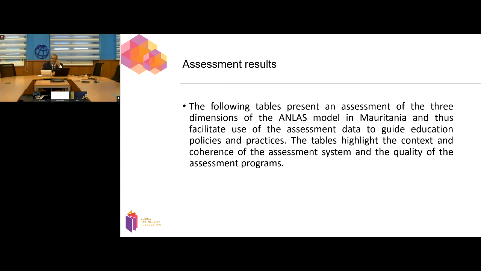That is to say that we have major axes that had to be assessed based on their description and based on the answer to questions. So both for the context and the coherence of the assessment system and the quality of the assessment programs. So in the next slides, you're going to see the results of the assessment done in Mauritania. Next slide, please.